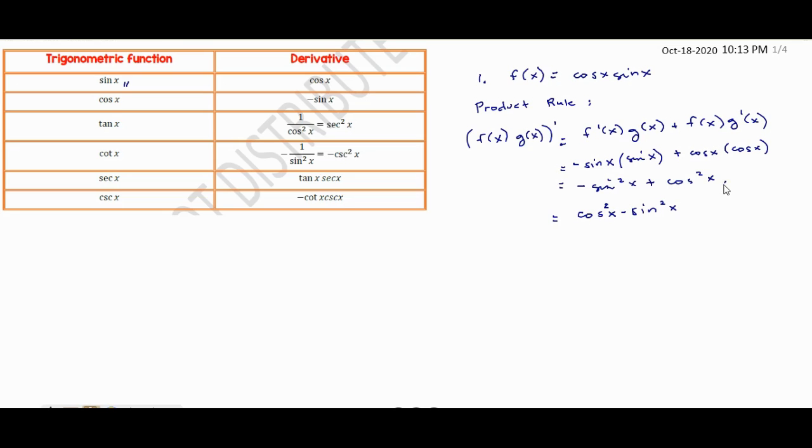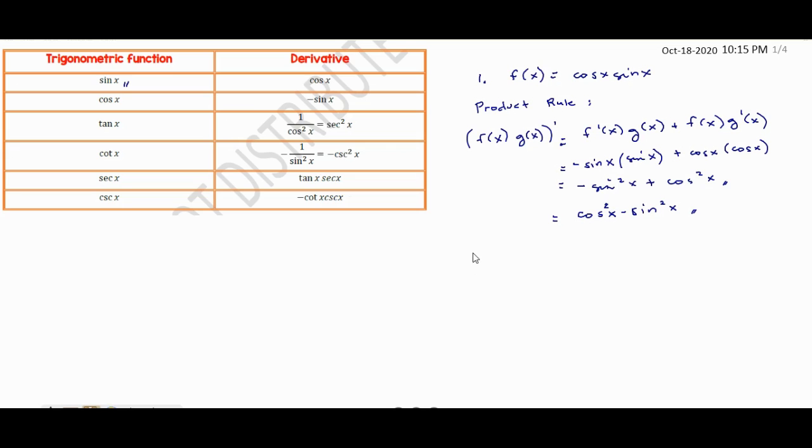So, these two will both be considered correct since we only interchange the two terms to make it more uniform. So we started our final answer with the positive term, which is cosine squared x. But if you want to settle with negative sine squared x plus cosine squared x, it will still be okay.